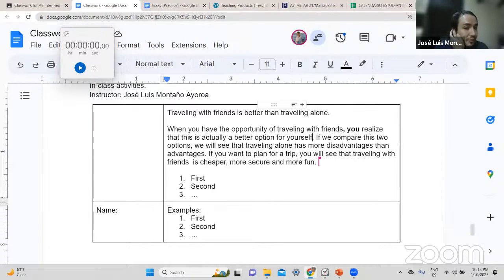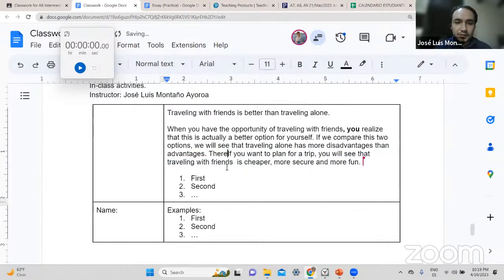My only recommendation is the usage, at least for the last part, of a transitional word, just to add the idea of a conclusion. Because I believe that this is not your thesis statement, but it's close to a thesis statement for this essay, because here we don't have it. So let's try to add something that shows result.